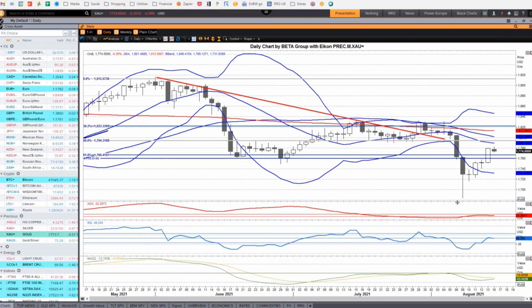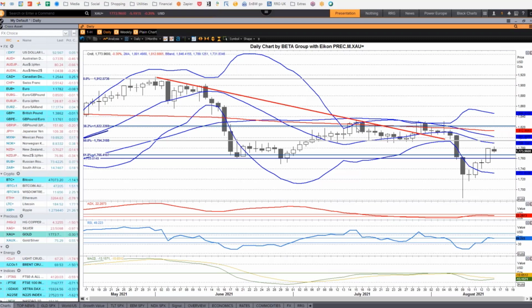So here the plunge, and now we've come back to resistance at the 1800 area here, between 1800 and 1830, which should slow this advance anytime now. This rally should lose its power.